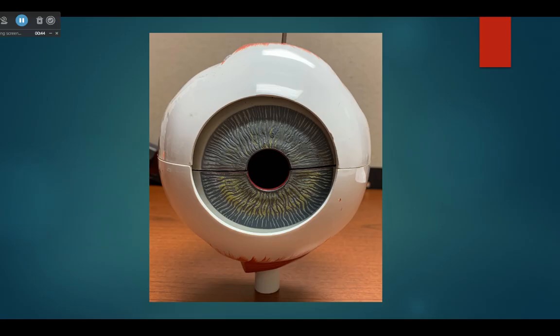So this is the eye. This is going to obviously be just looking straight at you. The top muscle here, that is going to be the superior rectus. This bottom muscle is going to be the inferior rectus. Now, when we look at the eye, the easiest way to tell where the medial or lateral side is to look at the top, at the superior oblique.